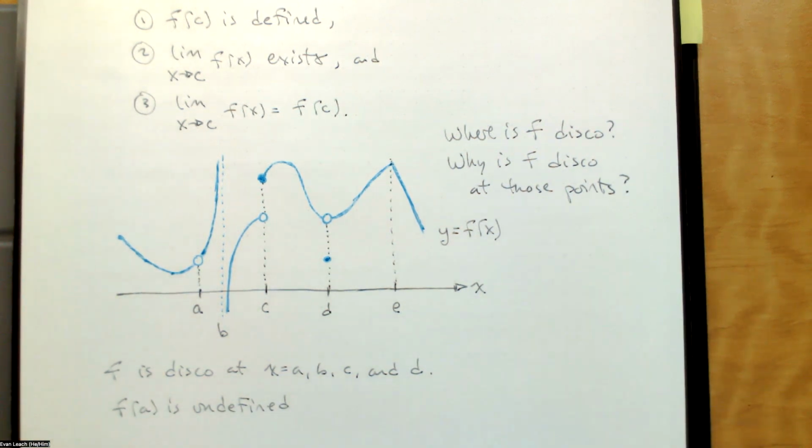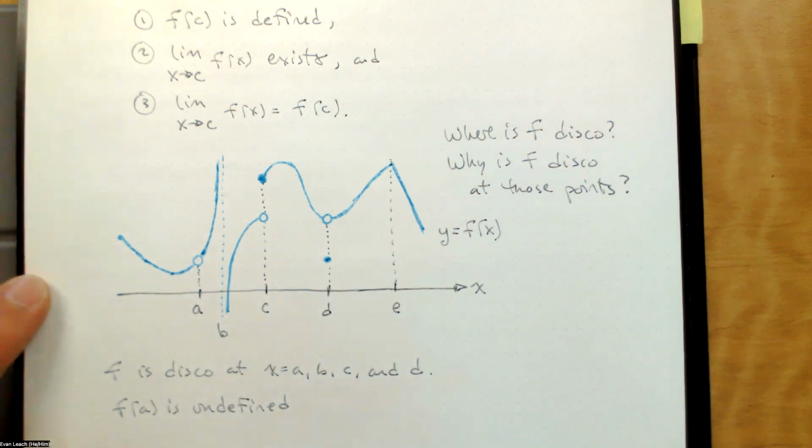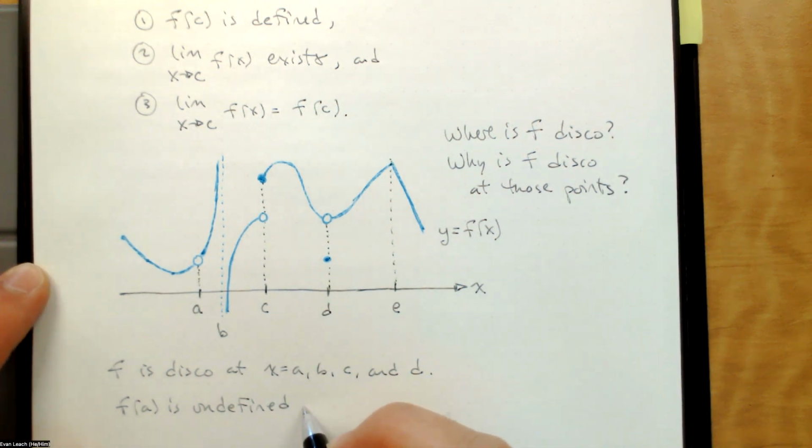Does the limit as x approaches A exist? Yeah, both sides of the function are headed to the same place. So the limit does exist, but there's no value of the function for that to equal.